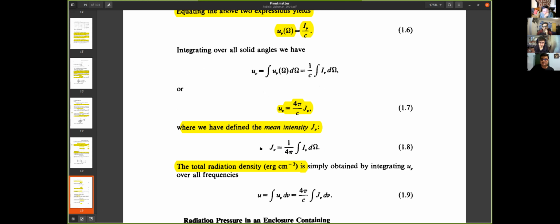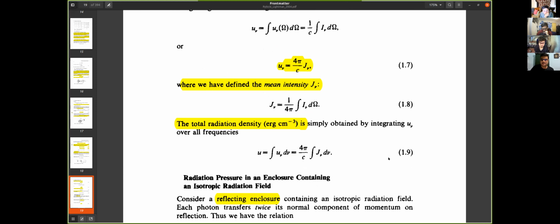After defining this new term, this expression changes into one similar to 1.9. And since this is a specific energy density, the total energy density is calculated when we integrate in a certain bandwidth, and then we get a relation as shown in equation 1.9.